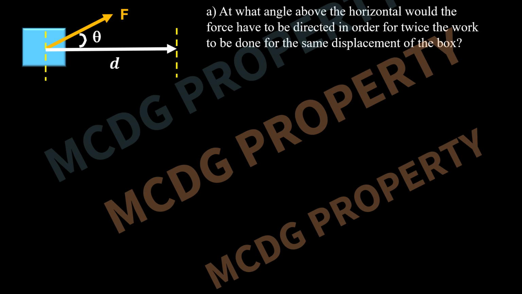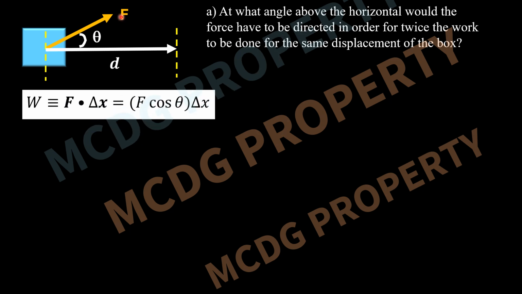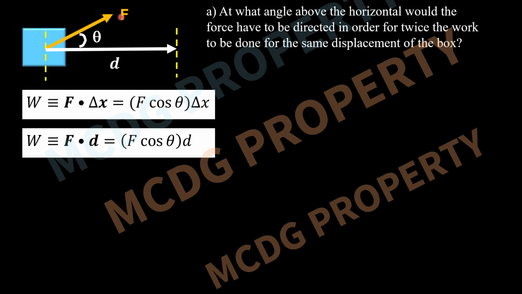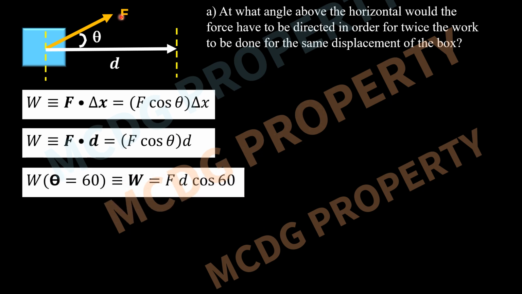Okay, so we're looking for the angle theta such that the work done by the force F will be twice the work done when theta is equal to 60 degrees.